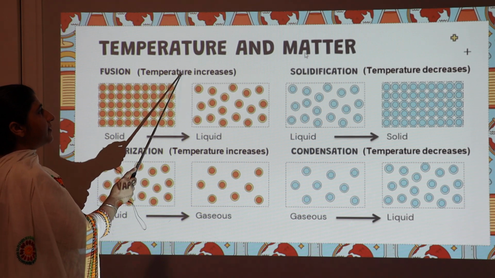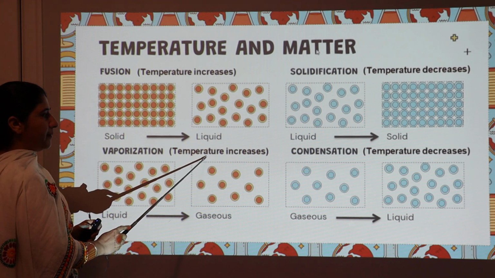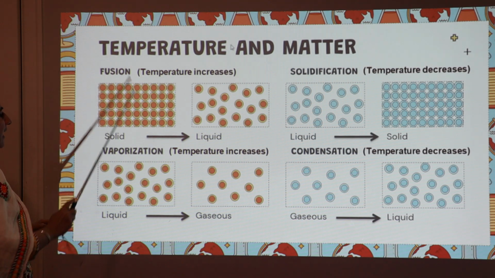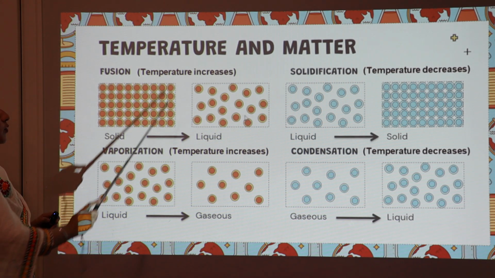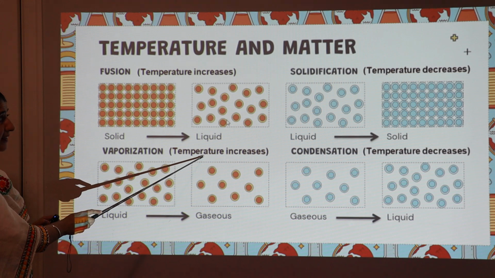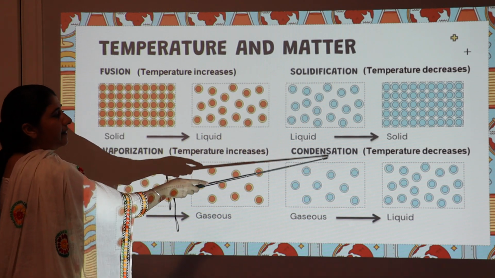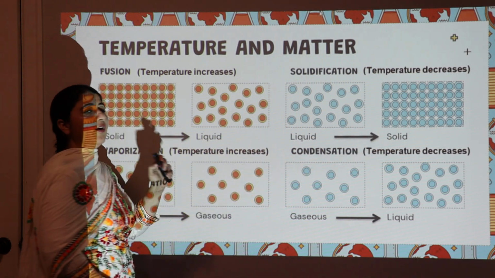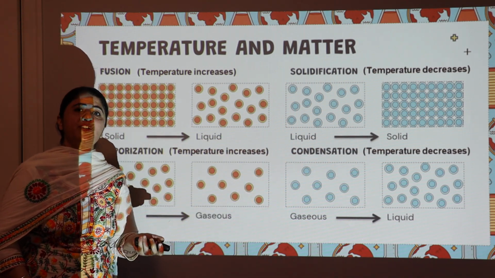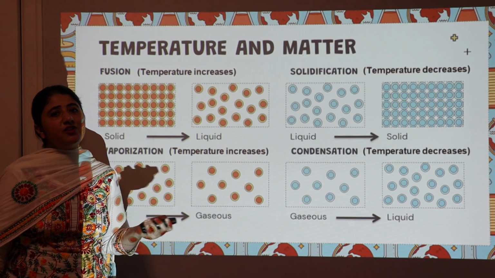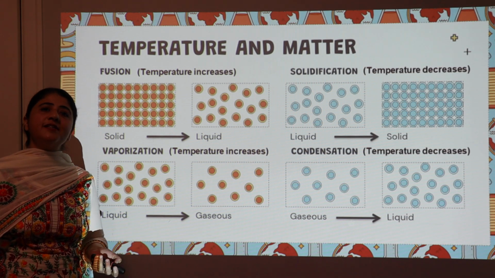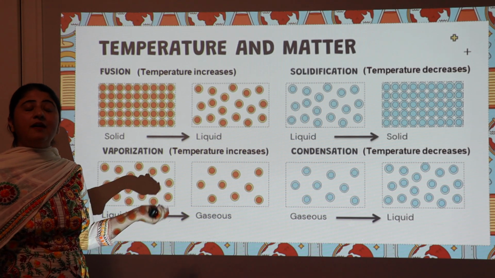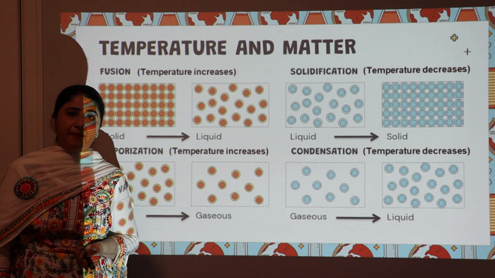So due to increase and decrease of temperature, these processes take place: fusion and evaporation take place only when the temperature is increasing, and solidification and condensation take place when the temperature is decreasing. Means on increasing or decreasing the temperature, the arrangement of particles changes. So that is why the physical state of matter changes. So this is all about the changes in matter.